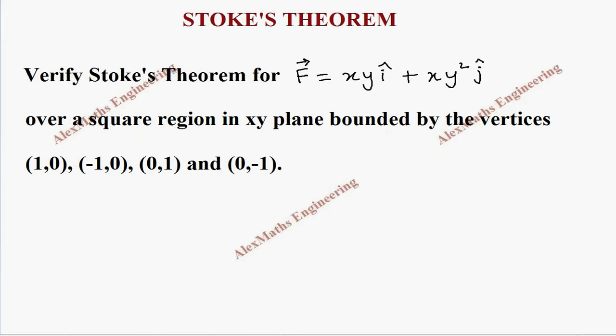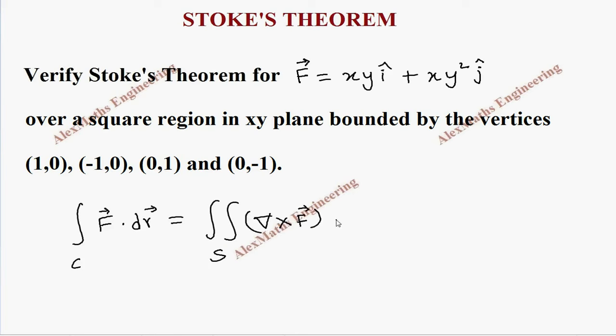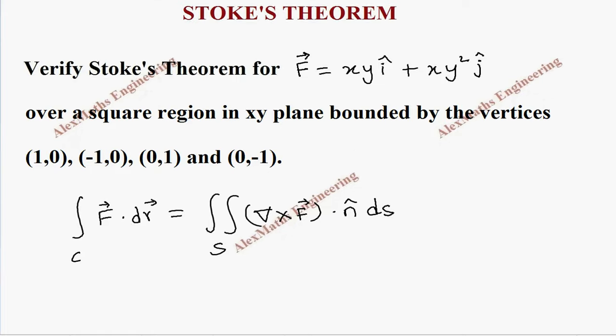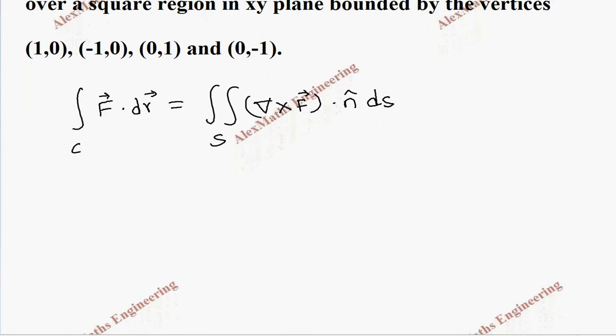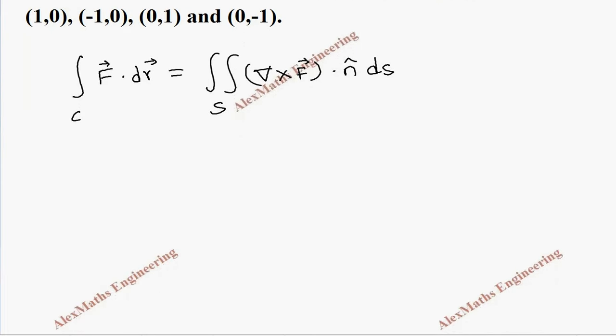Let's write Stokes' theorem, which is the integral over C of F vector dot dr vector, equal to the double integral over the region S of del cross F vector dot n cap dS.